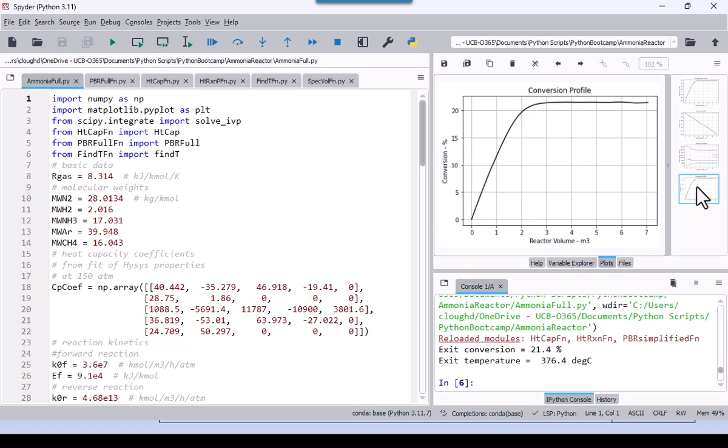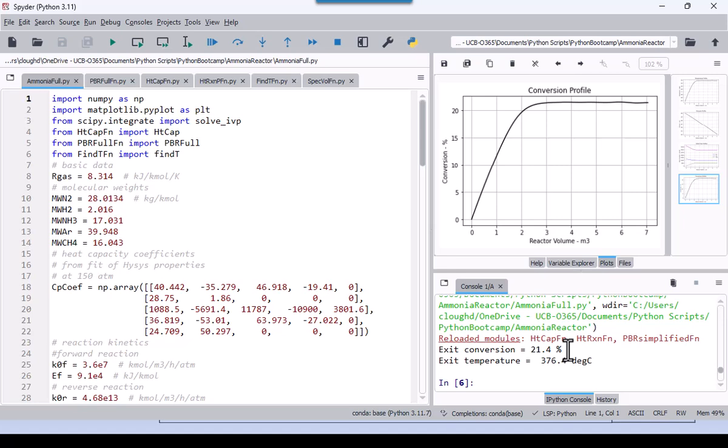The conversion here is 21.4%, and with our simplified model the conversion was 22.1%, or 0.7% less than the simplified model. So perhaps that is a little more significant to consider, okay?